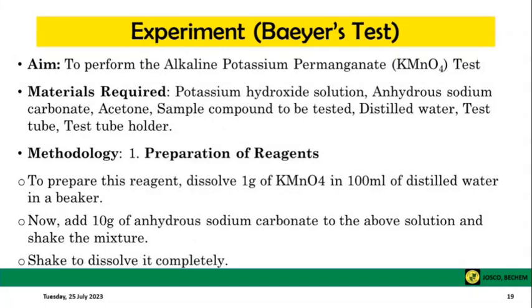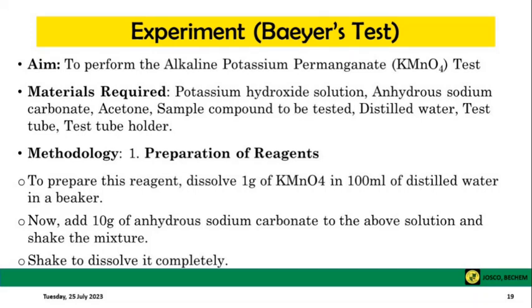Now, let us look at how this experiment of the Bayer's test can be performed. One thing that we should note is that Bayer's test can also be known as the alkaline potassium permanganate test.